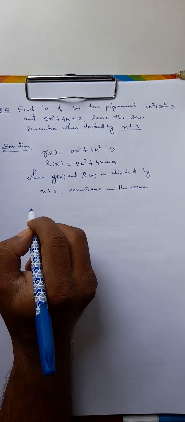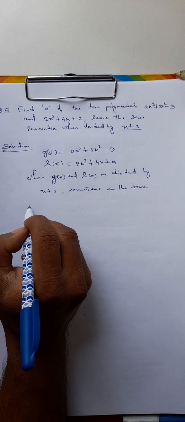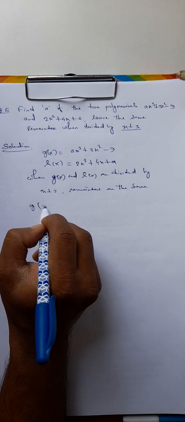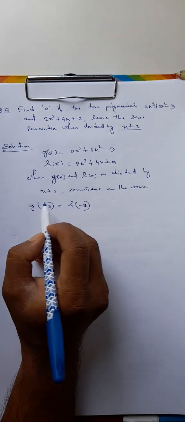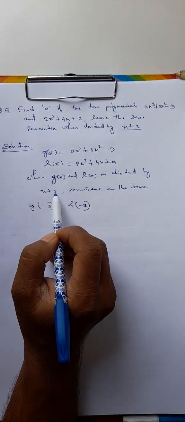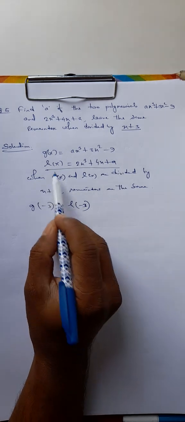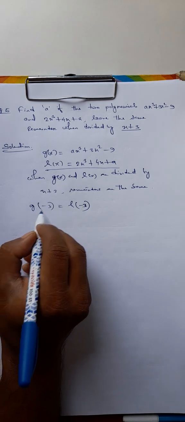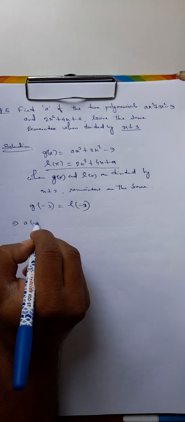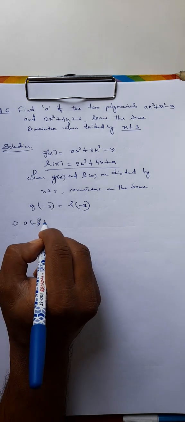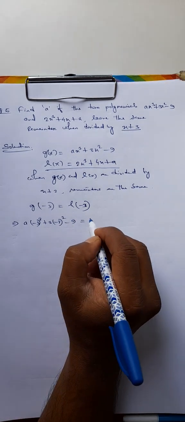Now you see, what would be the remainder? g of minus 3 equal to h of minus 3. When you divide this polynomial by x plus 3, remainder will be g of minus 3. When you divide the other polynomial by x plus 3, remainder will be h of minus 3. So g of minus 3 means a into minus 3 cube plus 3 into minus 3 square minus 9 equal to h of minus 3.